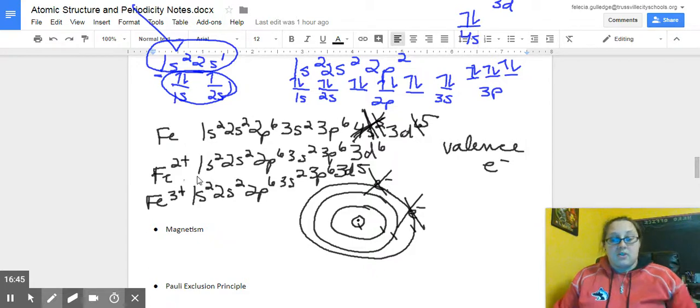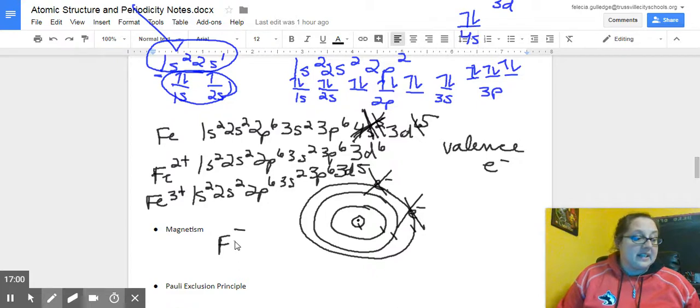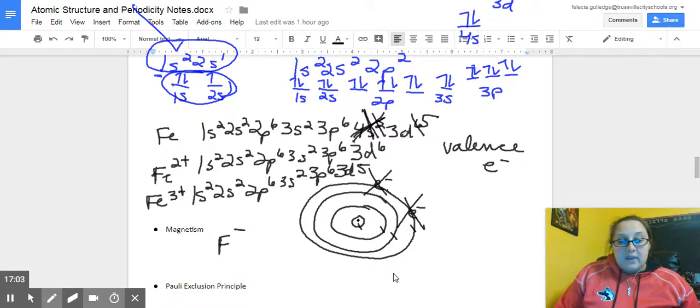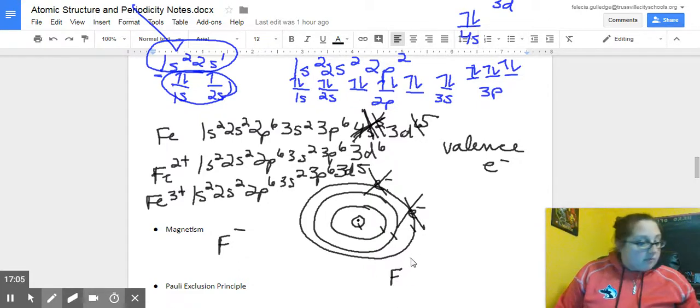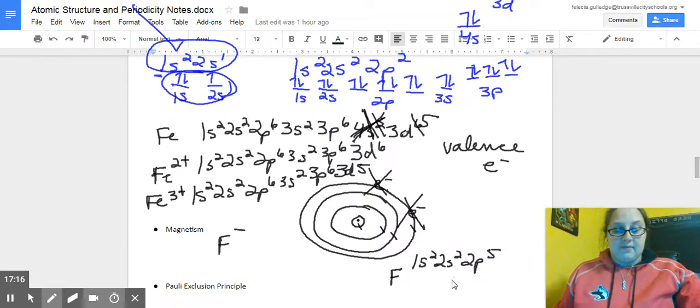Now, here's another question. What about if I have something that's a minus charge? What does a minus charge mean? A minus charge means that I've added an electron. So let's look at F minus. Well, fluorine would have an electron configuration of 1s2, 2s2, 2p5.